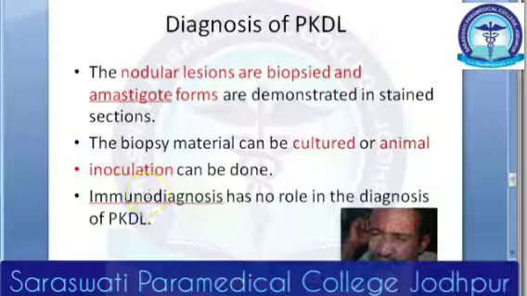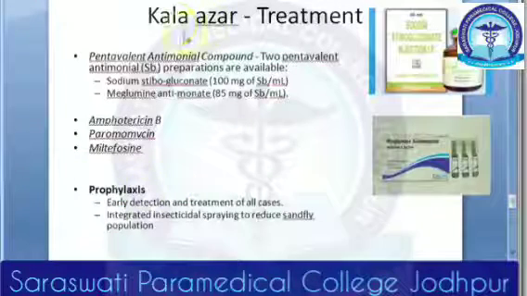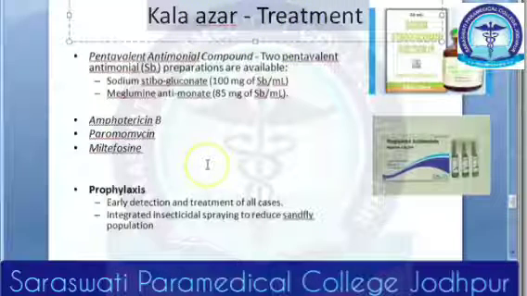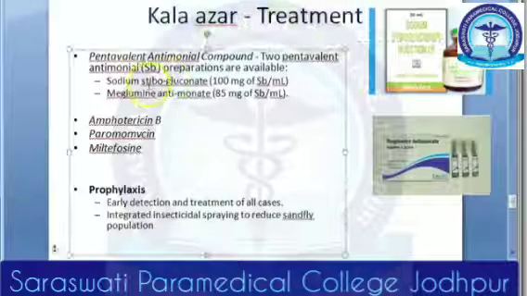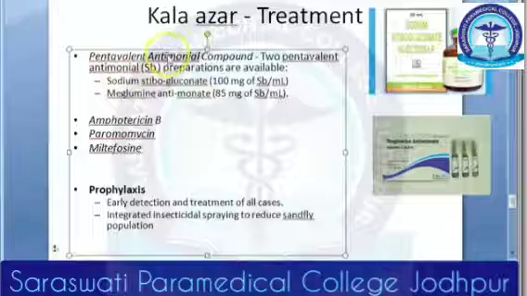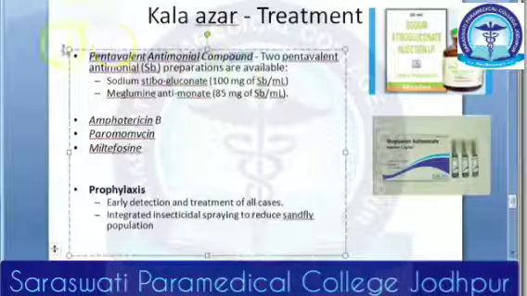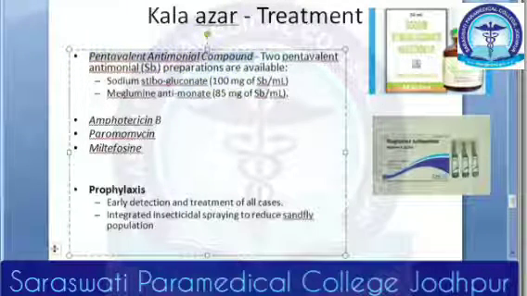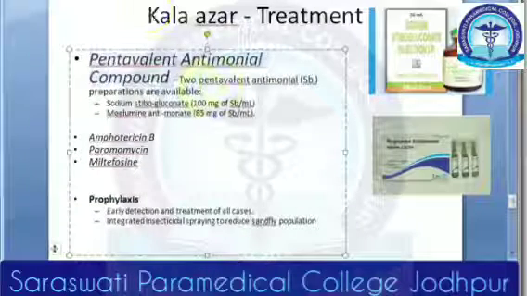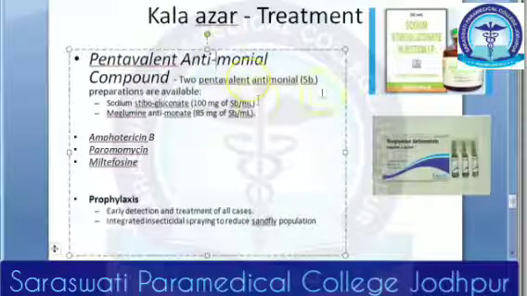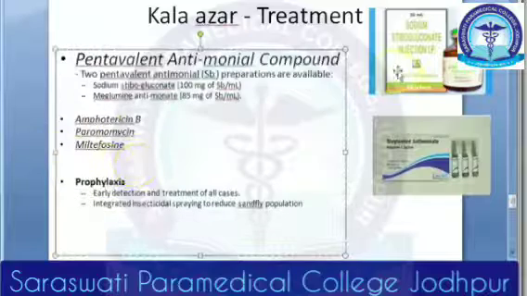Lastly, we'll put a word on the treatment of Kala Azar, guys. Treatment of Kala Azar, pay attention here. There is something called antimonial compound, pentavalent antimonial compound. This is what you have to write in the exam if they ask. And the examples are here.